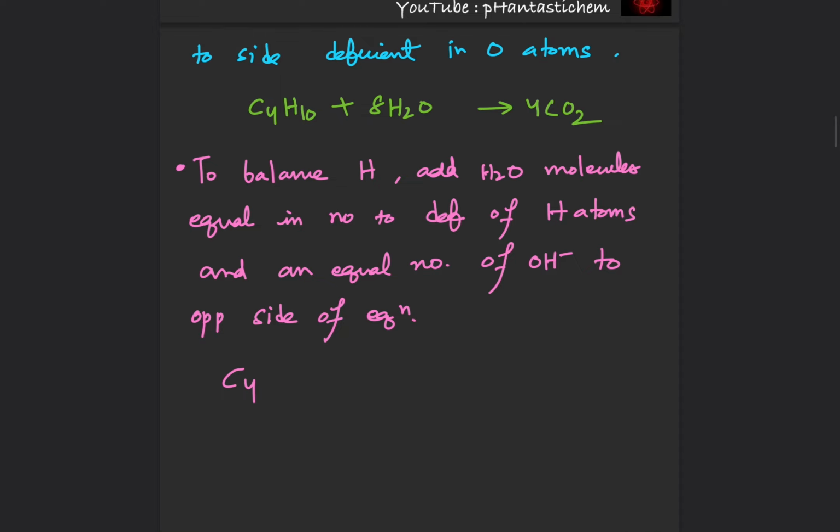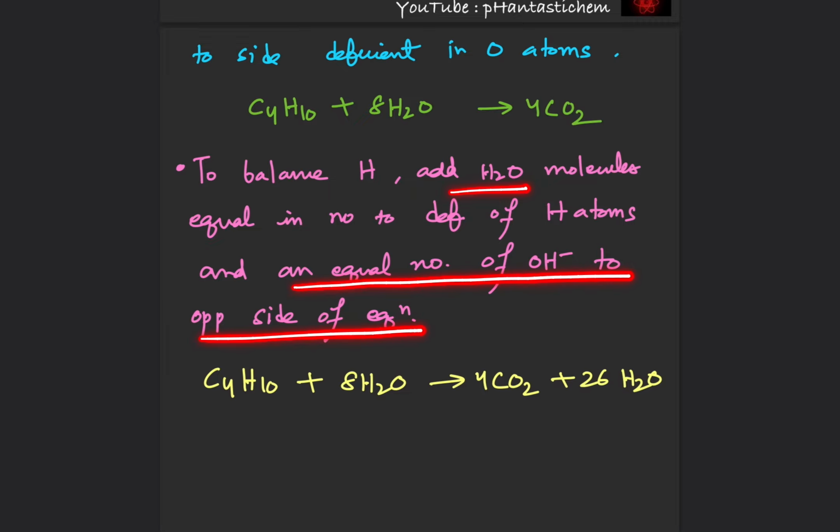So it will become C4H10 plus 8H2O giving 4CO2 plus 26H2O, right? And we have to do a step simultaneously, that is add H2O and an equal number of OH minus to the opposite side of the equation.